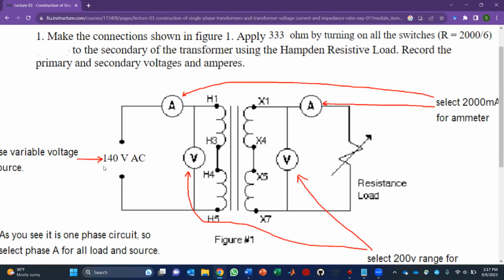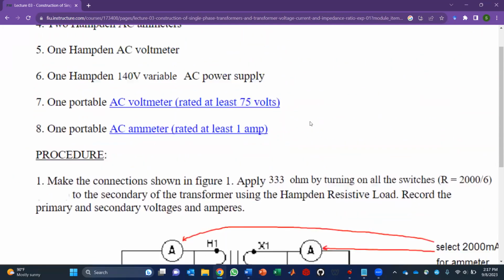So we'll supply a certain amount of voltage with the help of a power analyzer. We'll measure the input voltage, input current, input power, input wattage. And from the output side also, we're going to use another power analyzer, measure the voltage, current, power, and the power factor, and so on and so forth.